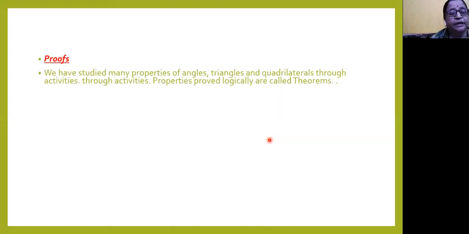We have studied many properties of angles, triangles and quadrilaterals through activities, taking measurements. The properties proved logically are called theorems.